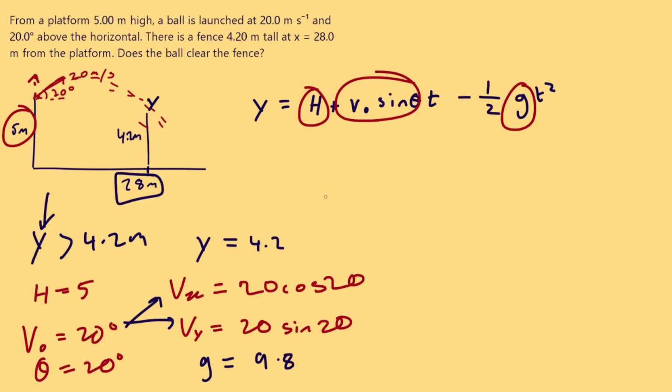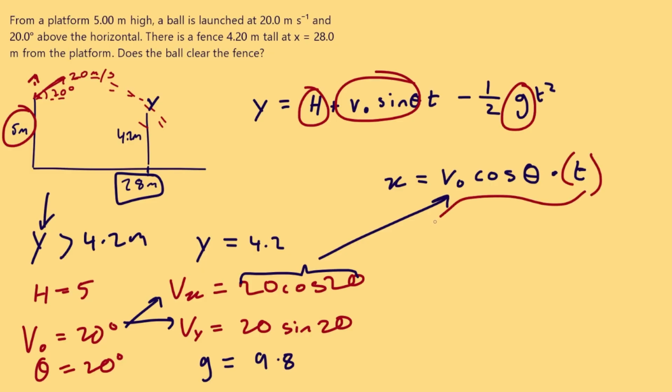And to eliminate time from this equation, we have to find a new equation that we can substitute in that only involves what we know, but is also equivalent to time. And the formula that does that job is the horizontal range formula. x equals the horizontal component of velocity multiplied by time.